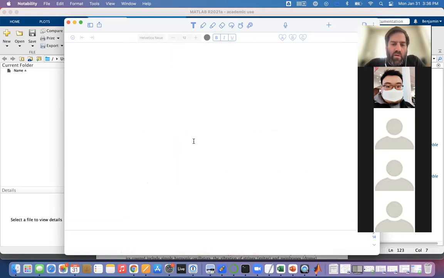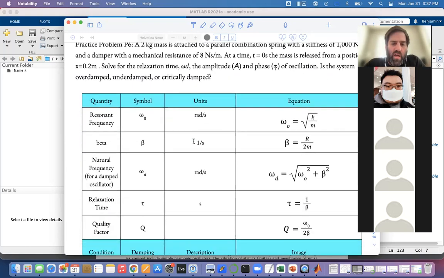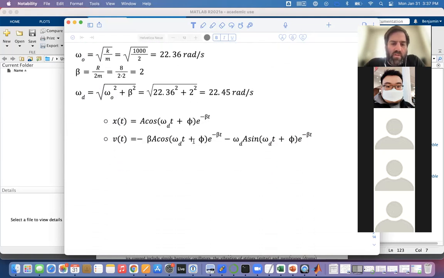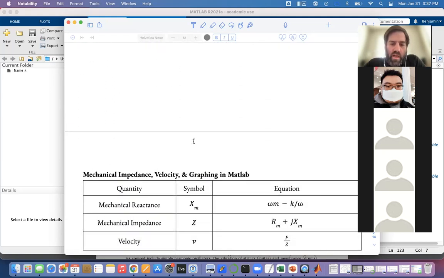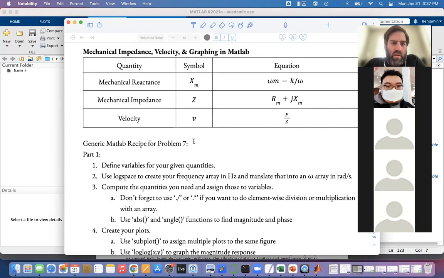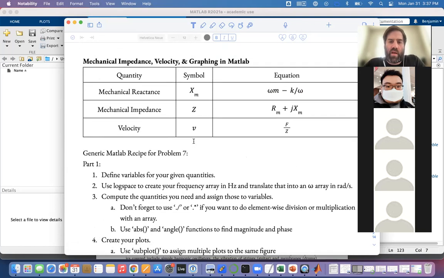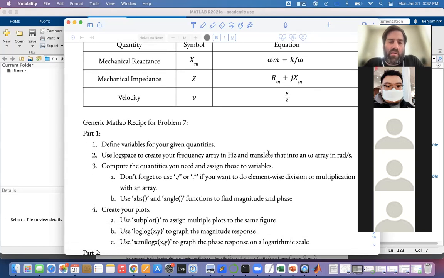I wrote you a recipe for this. I was thinking about what would be the most useful if you were trying to figure this out later. So there's kind of two parts to this question. One, you have to know the sciencey stuff: what physically is happening, so what equations do I need to use and so on. And the second part is how to do the MATLAB.